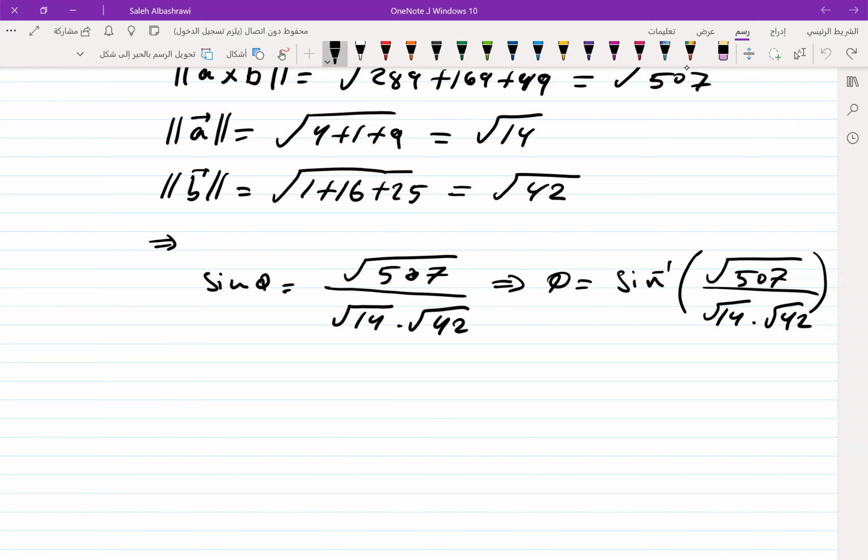Find A cross B, then find the magnitudes of the vectors A cross B, A and B. Then apply the formula sine theta equal to the magnitude of the cross product divided by the product of the two magnitudes of the vectors A and B. Then use the sine inverse to find the angle between the two vectors.